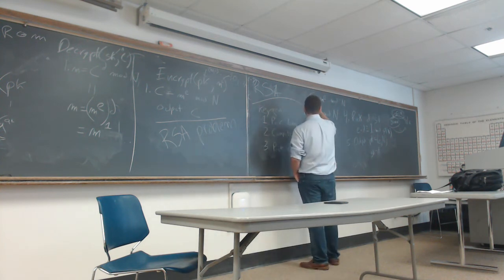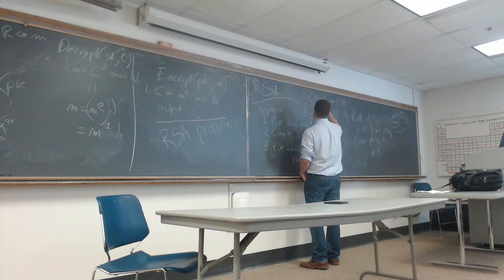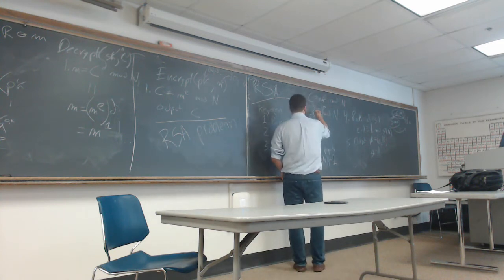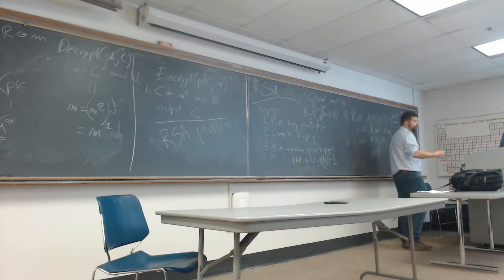You're going to raise the whole thing to the D, and this is going to give you back 2M. And so now, by multiplying by 2 to the E, you've taken the underlying plaintext and multiplied it by 2.